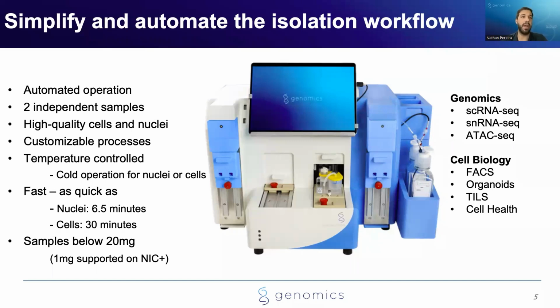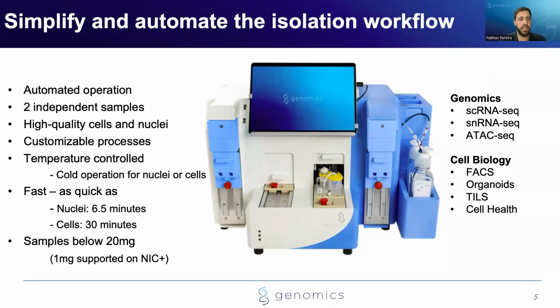I like to say I can usually help port a manual protocol onto the Singulator pretty easily with a little bit of optimization. It's an open reagent platform, so we provide our own cell reagents, enzymatic lyophilized reagents for a variety of cell types. And we have our own nuclei reagents that live on board in a chiller, kept cold.